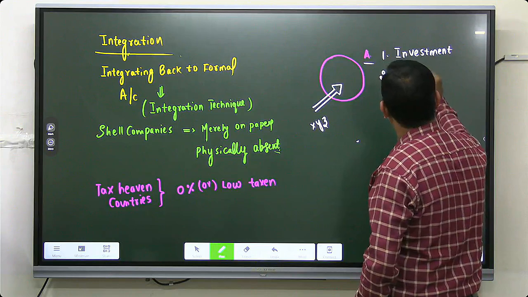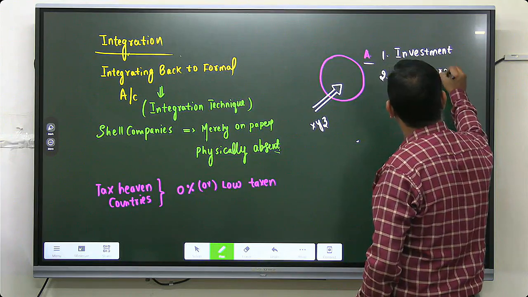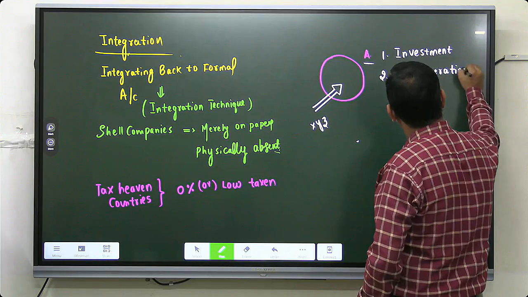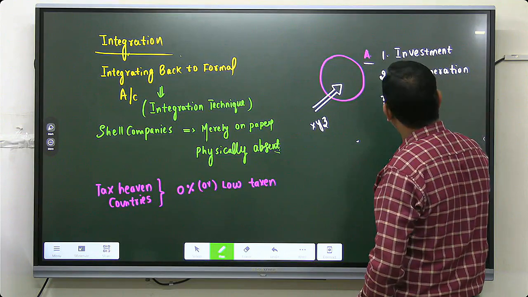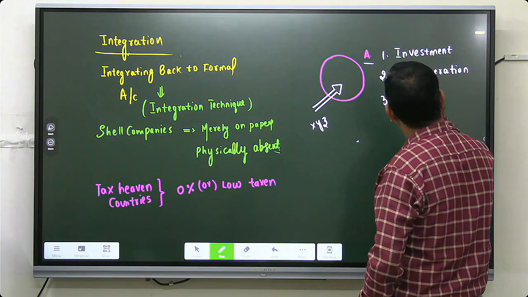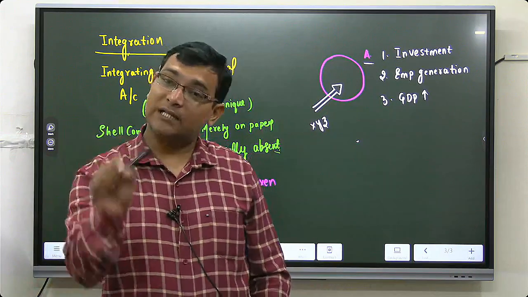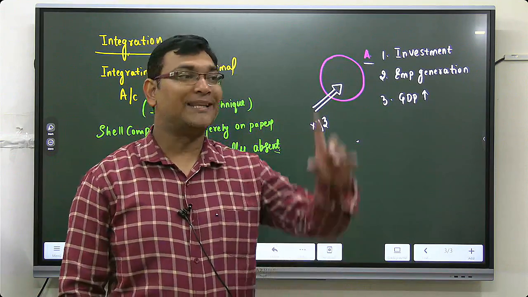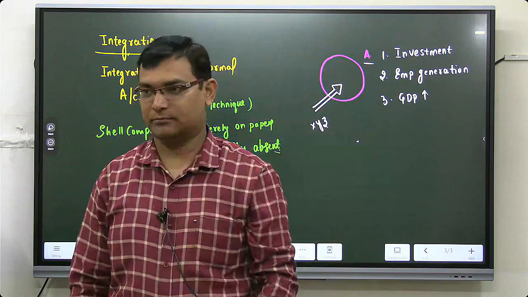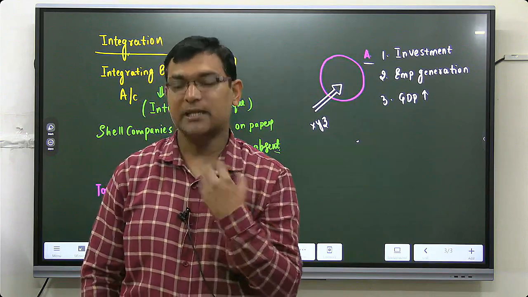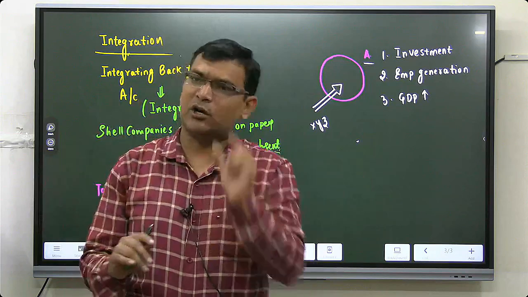Plus your GDP will also increase for country A. But what is the other benefit also? They will collect a one-time fee in order to enter their country. No need to pay any tax, zero or very low.